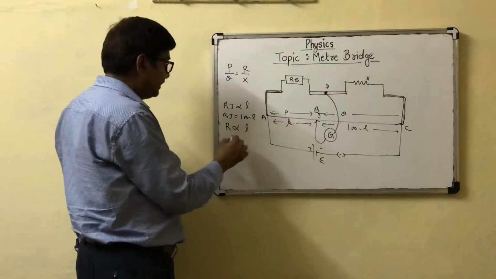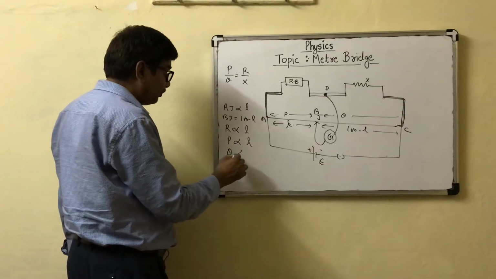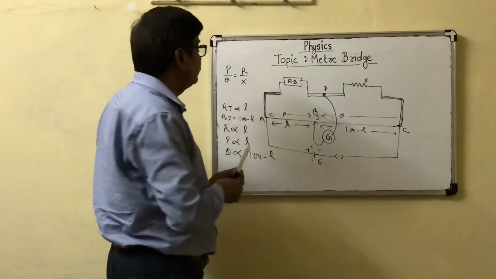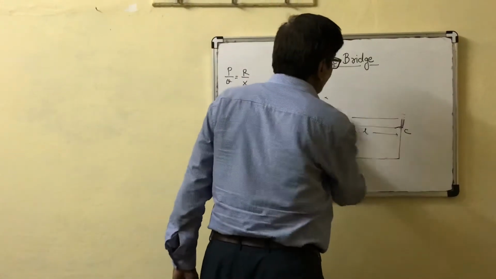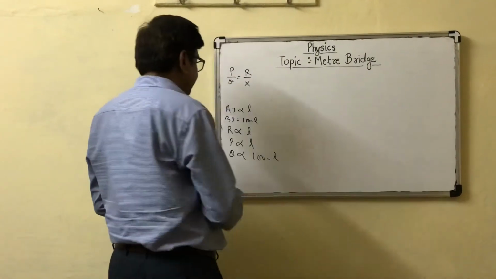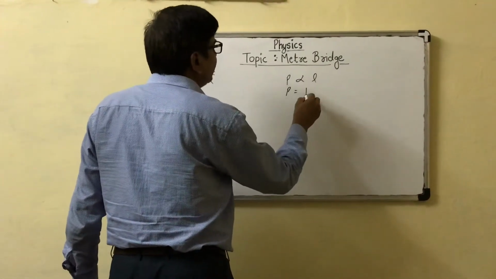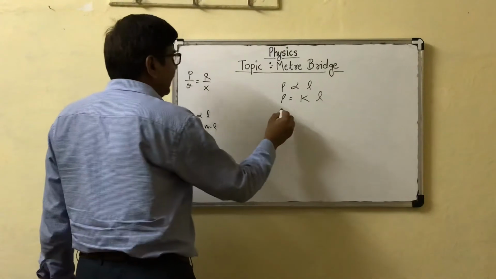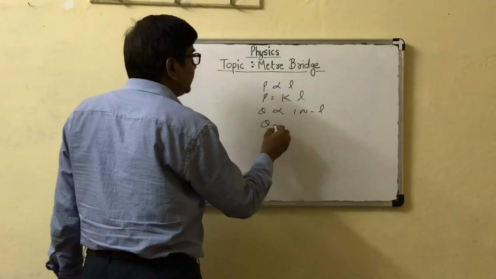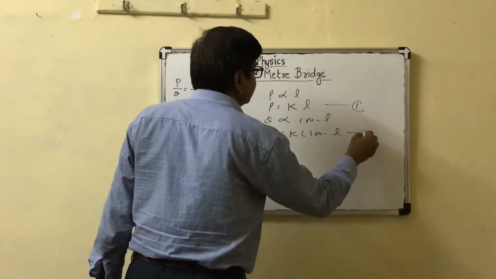So R proportional to L, that means P proportional to L, and Q proportional to 100 minus L. So P proportional to L or P equal to KL, K is resistance per unit length, and Q proportional to 100 minus L. So Q equal to K into 100 minus L. This is, suppose, first equation, this is second equation.